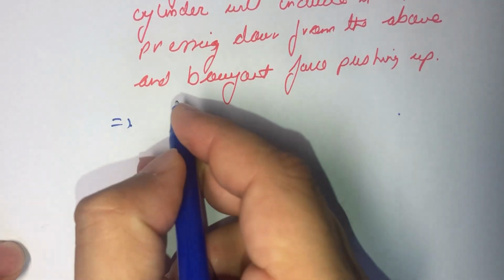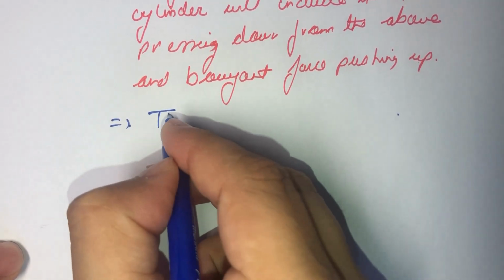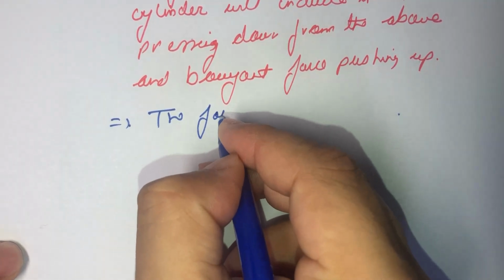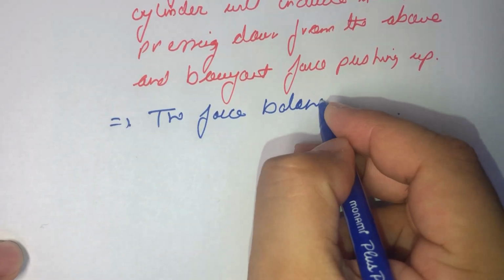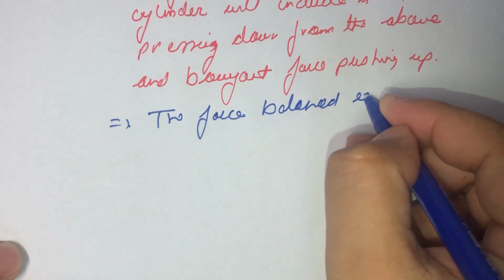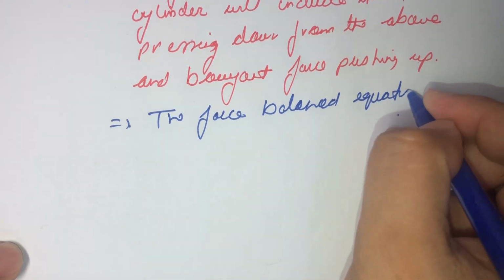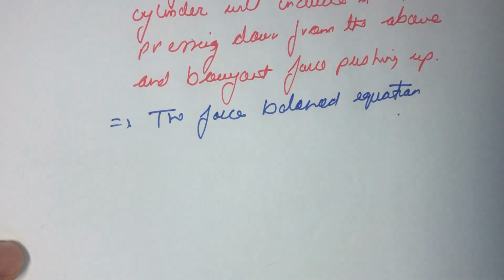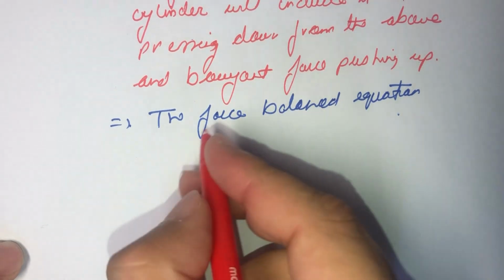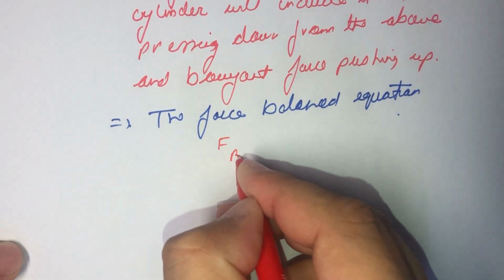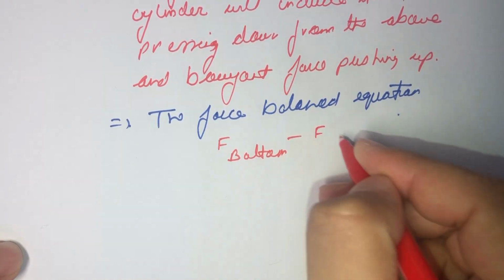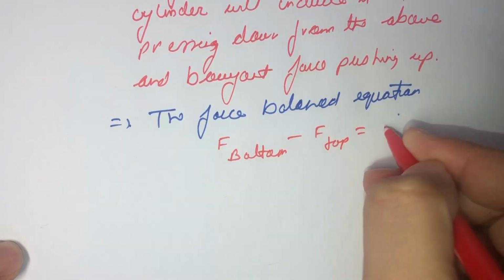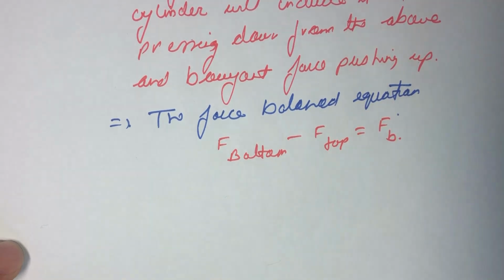So we can write the force balance equation, which says that F bottom minus F top is equal to the buoyant force.